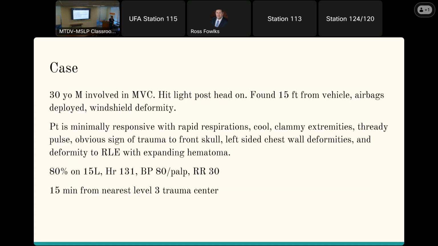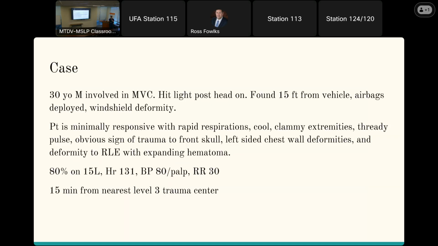When you get to the patient, you turn him over, and he's not really responsive, has fast, shallow respirations. His extremities are cool and clammy. Pulse is thready and pretty high. He has some damage to the frontal skull with a scalp laceration, lots of bleeding, some debris in it, and some ecchymosis all around.